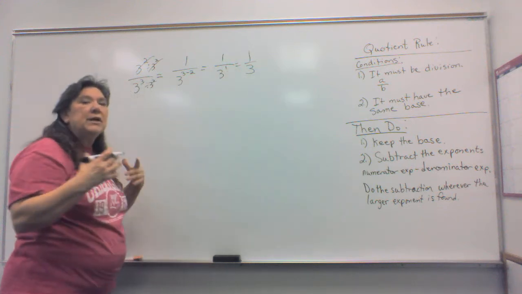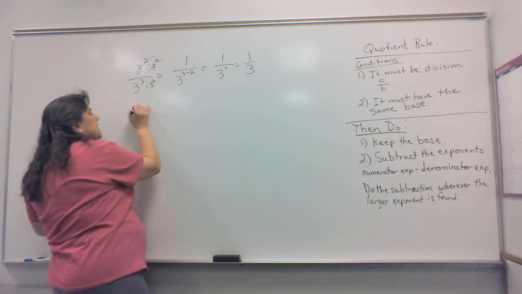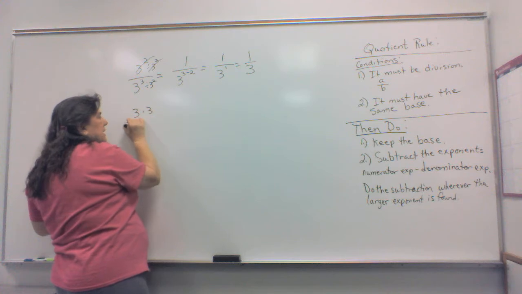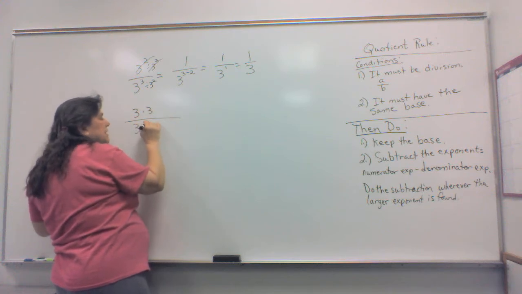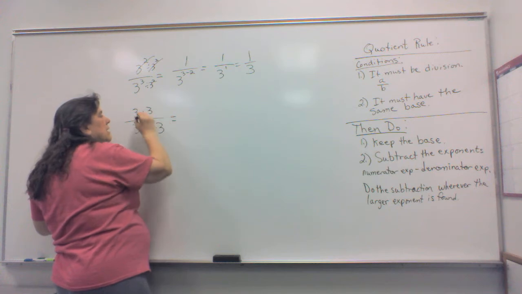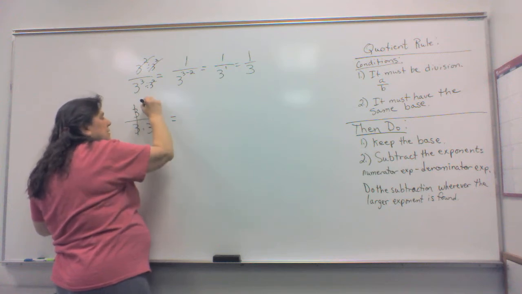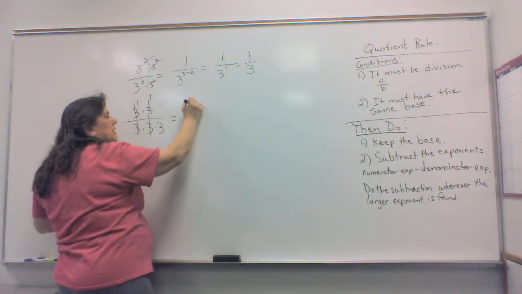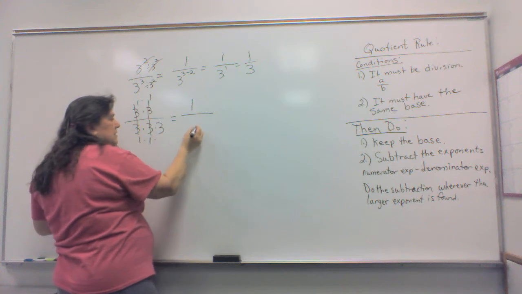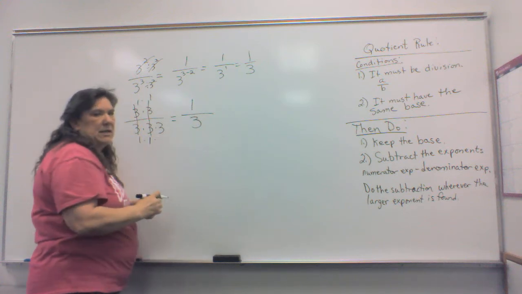And again, we can do this by using our definition. 3 to the second is 3 times 3. 3 to the third is 3 times 3 times 3. Thus, 3 divided by 3 is 1, 3 divided by 3 is 1, and 1 times 1 gives me 1 in my numerator, and 1 times 1 times 3 gives me 3 in my denominator.